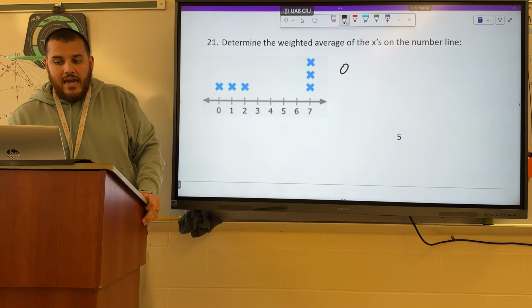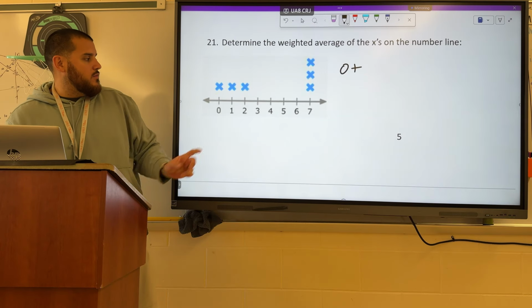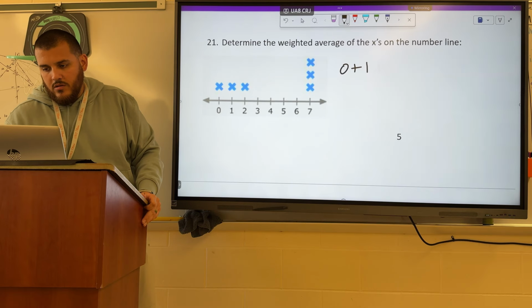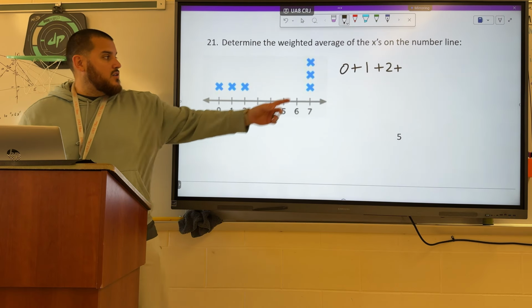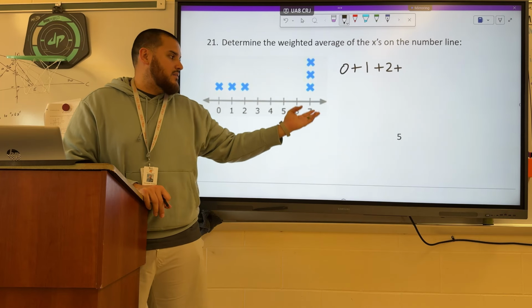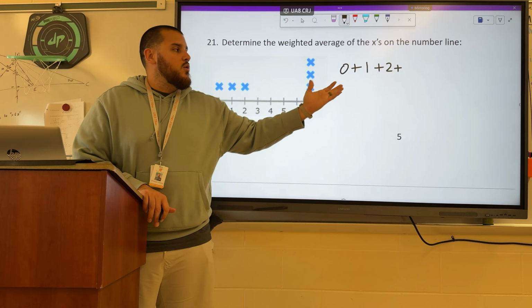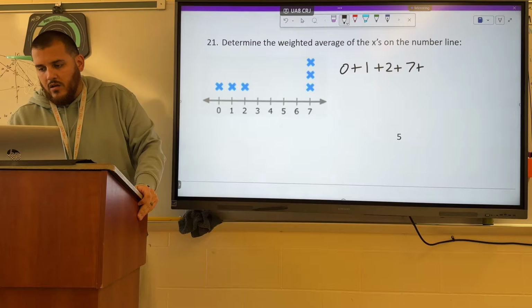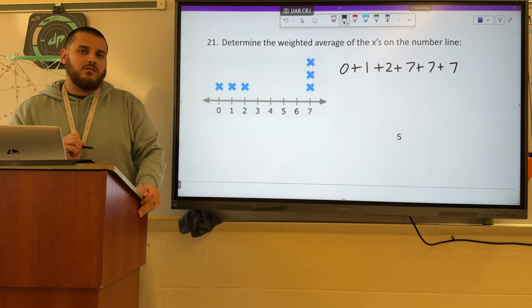And then because we're doing average, we're going to add them, just like we did before. There's 1, 1. There's 1, 2. And then notice there's 3 x's above a 7. So that means the 7 has a weight of 3, which means I would have 3 7s. So there's 1, 2, 3 7s.